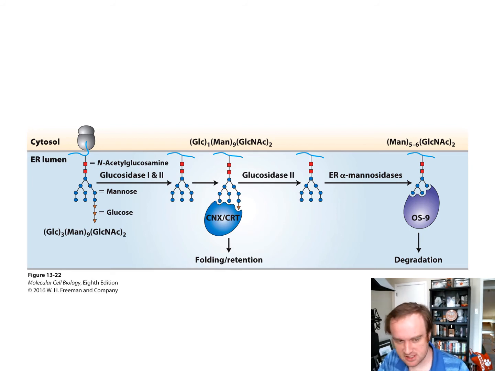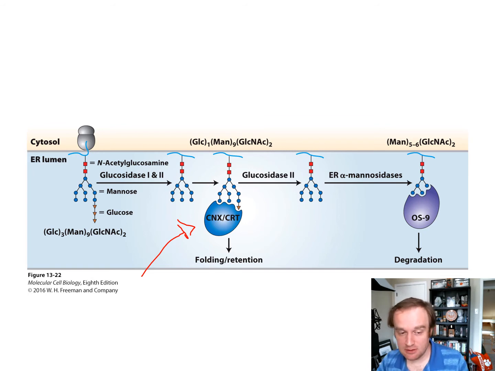So the mechanism for this is that calnexin and calreticulin, which we talked about previously, bind to the N-linked oligosaccharide in which that glucose was re-added. We talked about how glucose was completely taken off, and then one can be re-added.